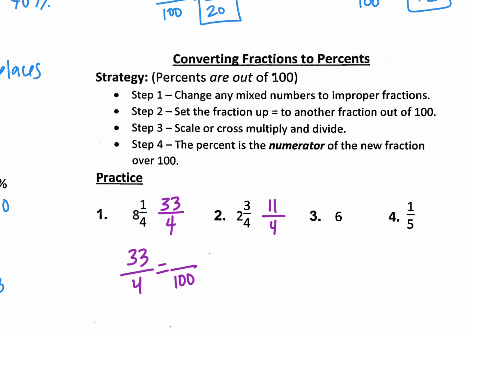What would I do? Hunter, what do you think? Multiply what? How am I getting from 4 to 100? What do I multiply 4 by to get 100? 25. So I have to do the same thing to the top number. So I would do 33 times 25, and that would give me my percent. So over here off to the side, I'm going to work that out.